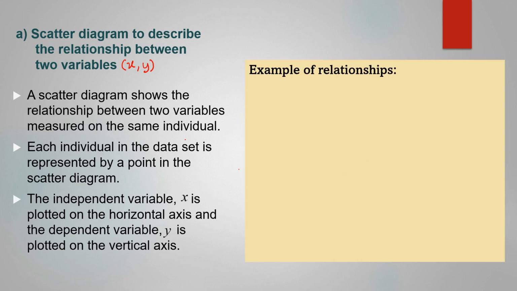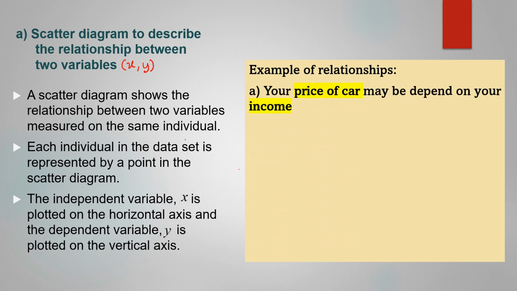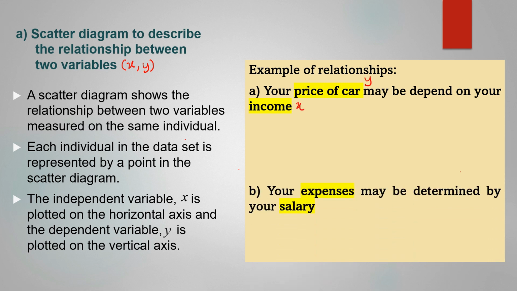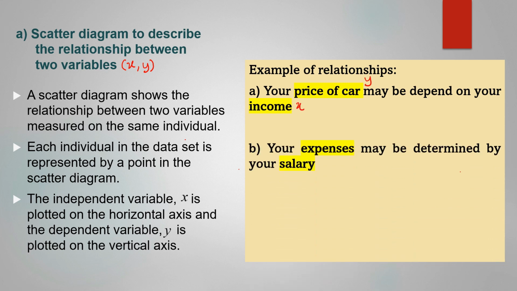The examples of relationships are, first, the price of a car may depend on your income. So the price of the car will be your y variable and your income will be the x variable. Secondly, your expenses may be determined by your salary. Which one is your y variable and x variable?